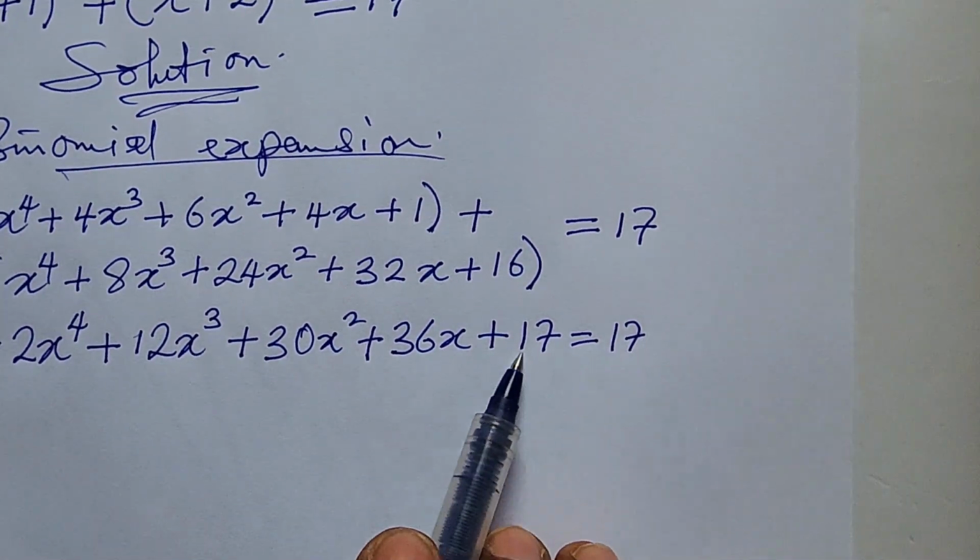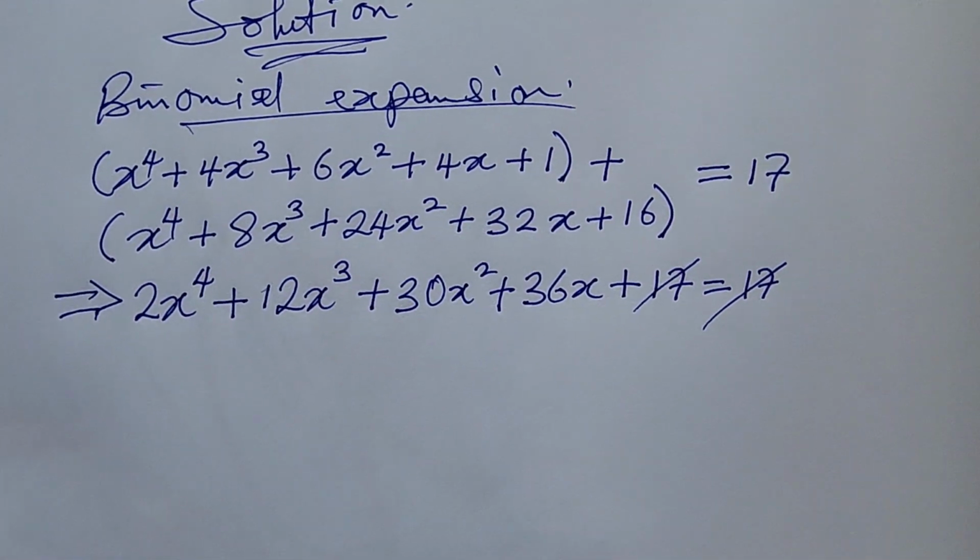So if we bring this 17 this way, this leaves the system, that gives us 0.